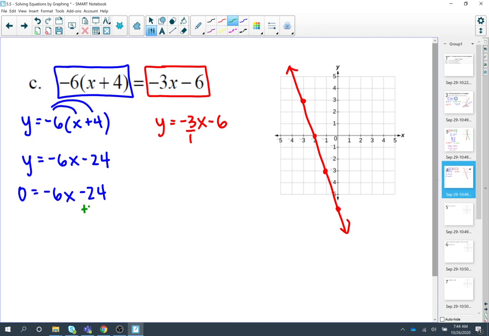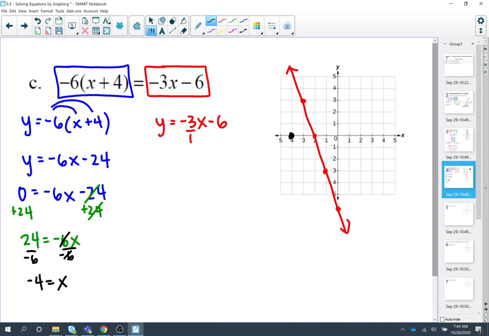I'm going to add 24. So 24 equals -6x. Then I'm going to divide by -6, which gets me 24 divided by -6 is -4 equals x. So I know my x-intercept is at -4.